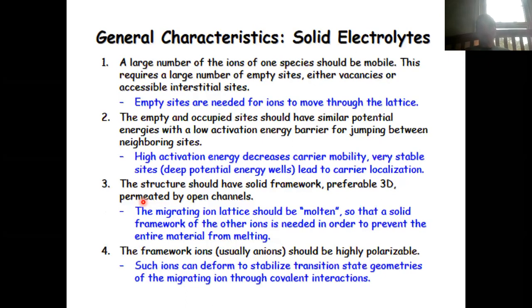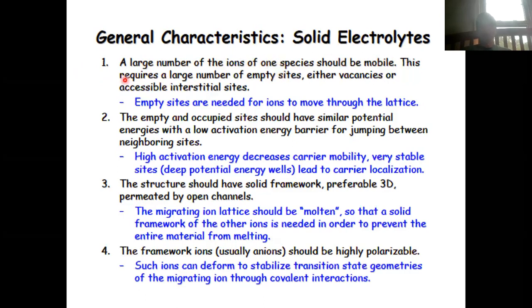So now we have looked at defects more generally. Now let's have a look at what crystal structures generally favor ion conductivity. There are a number of rules that we can apply, listed here. The first one is that a large number of ions, we mean cations here, of one species should be mobile.